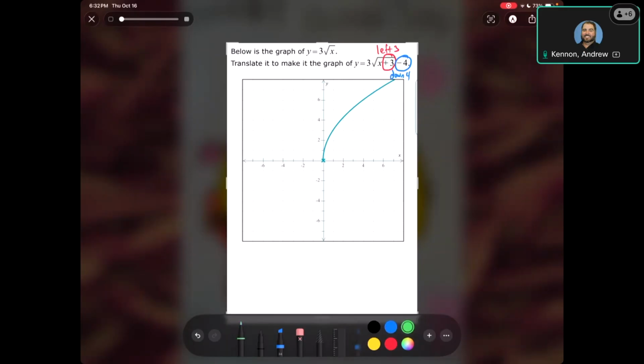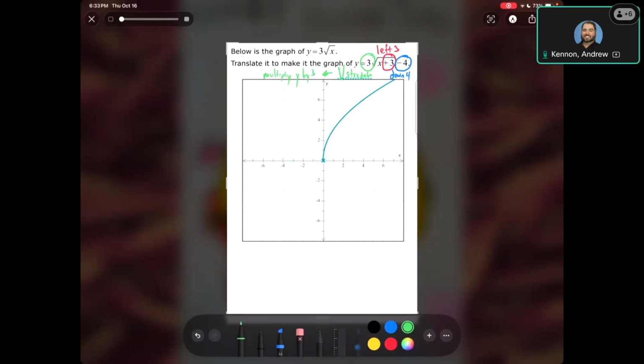This number right here is going to vertically stretch it. So what you want to do on this one is multiply y by 3.